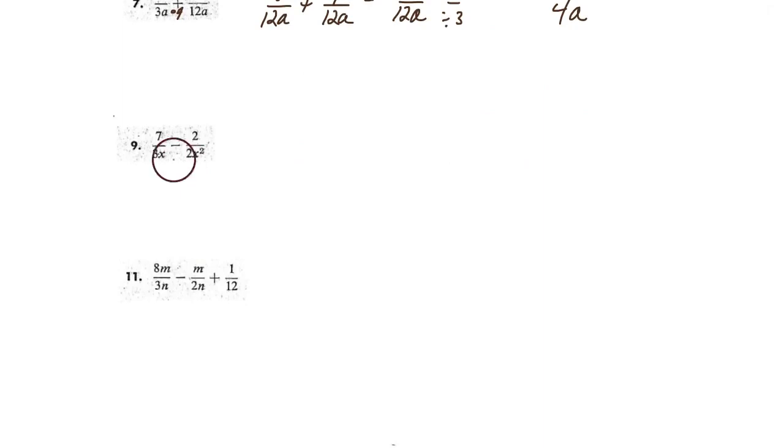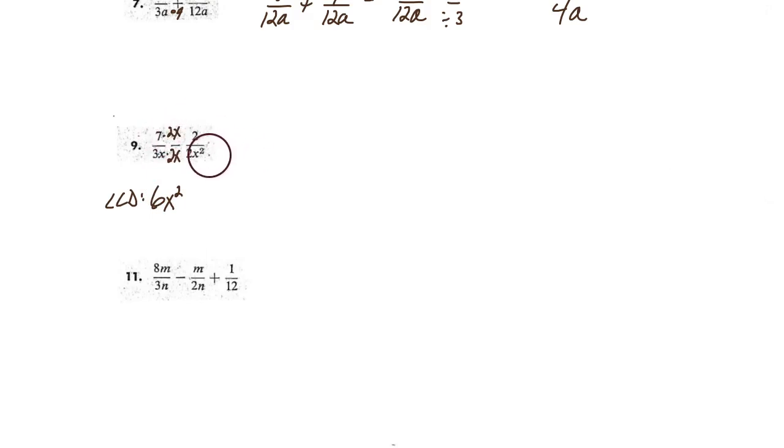Number 9 is the same thing. Subtracting fractions, you have to have a common denominator. So between a 3 and a 2, the lowest common multiple is 6. Between an x and an x squared, the lowest common multiple is x squared. So this one here needs to be multiplied by 2x in order to make 6x squared, and in the top.